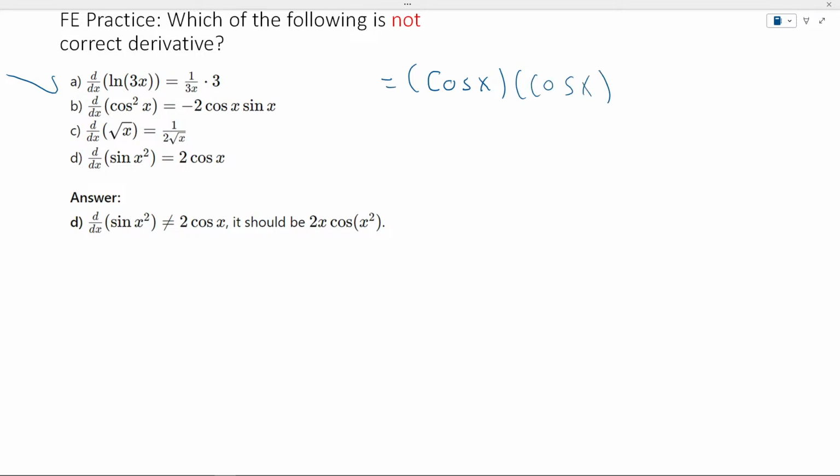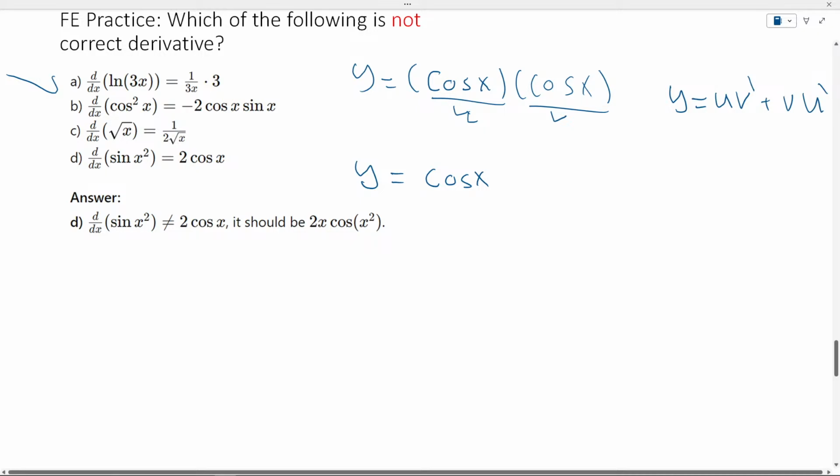So my y is cosine x times cosine x. So I say y prime. I will say this is my u function and this is my v function. So here that would be cosine x, and the derivative of this guy. Remember, that's u v prime plus v u prime.